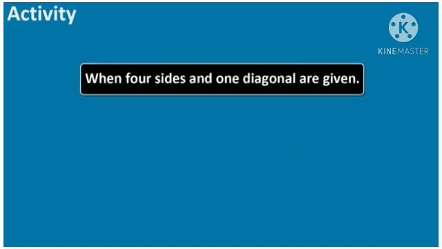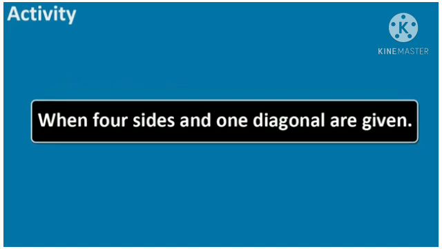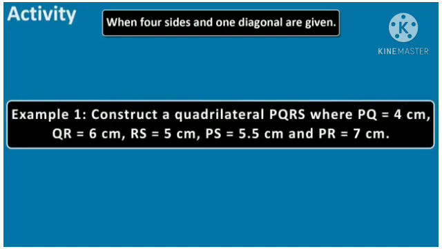When the lengths of 4 sides and a diagonal are given. Let us see this construction through an example. Example 1. Construct a quadrilateral PQRS where PQ is equal to 4 cm, QR is equal to 6 cm, RS is equal to 5 cm, PS is equal to 5.5 cm and PR is equal to 7 cm.